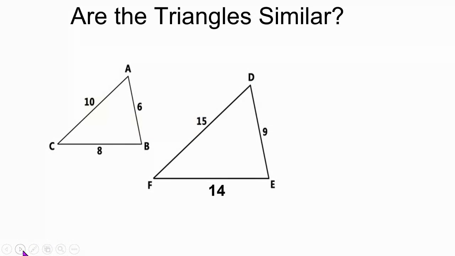All right, so here's one where it's not similar. Obviously, I'm telling you the answer already. So we're going to go ahead and take this, 10 divided by 15, and that's got to be equal to the 6 over 9, and that's got to be equal to 8 over 14. We're going to go ahead and reduce all of these. So I know 5 goes into the top and the bottom.